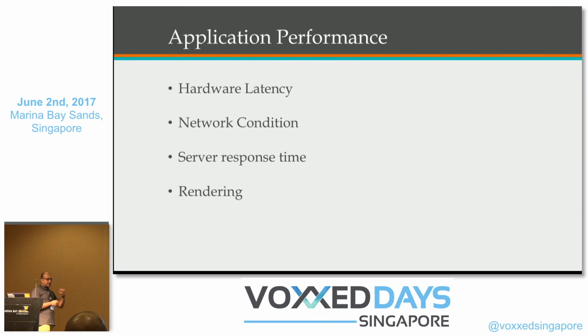Then rendering. We need to make sure that when the user is loading a page, the first page load is as fast as possible. We can do a lot of things here. We can clean up the bundles, lazy load the things that we don't need, and inline some resources, like the CSS that is crucial for the critical part.